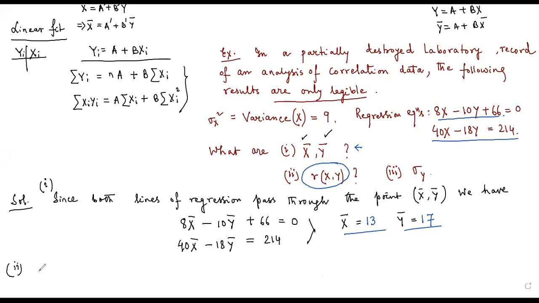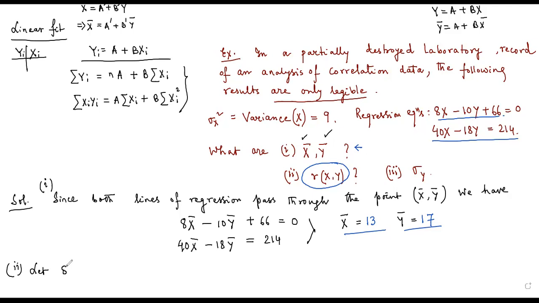So for problem number 2, we are going to assume according to our choice, and we are going to call one of the equations the regression equation of y on x and another equation the regression equation of x on y.